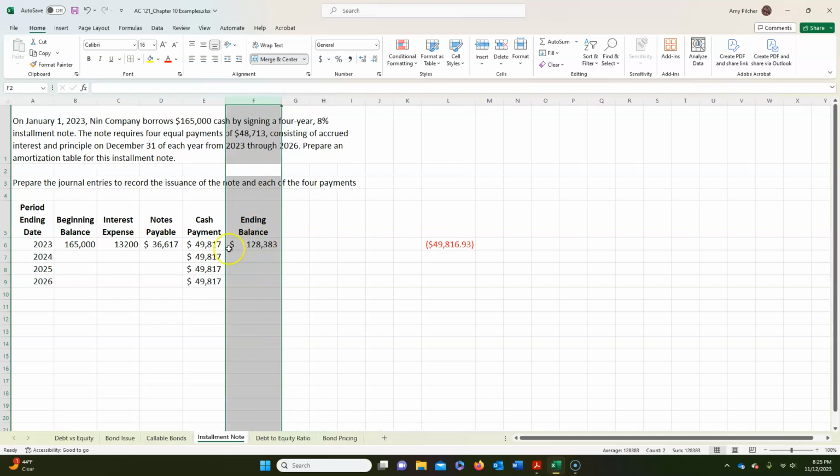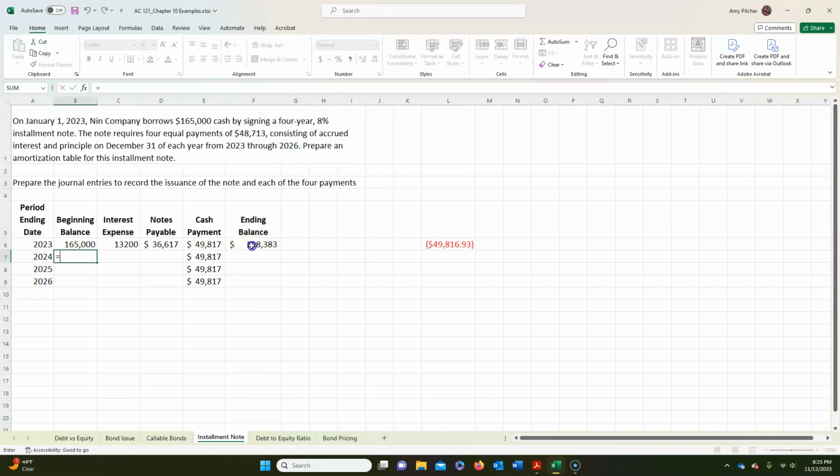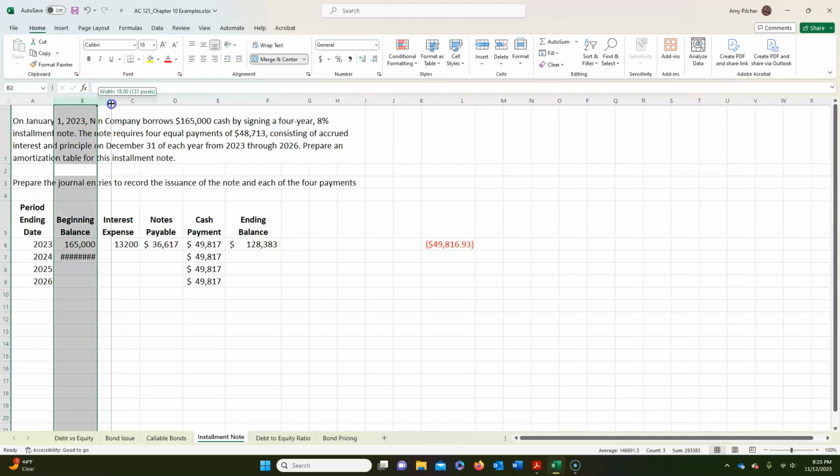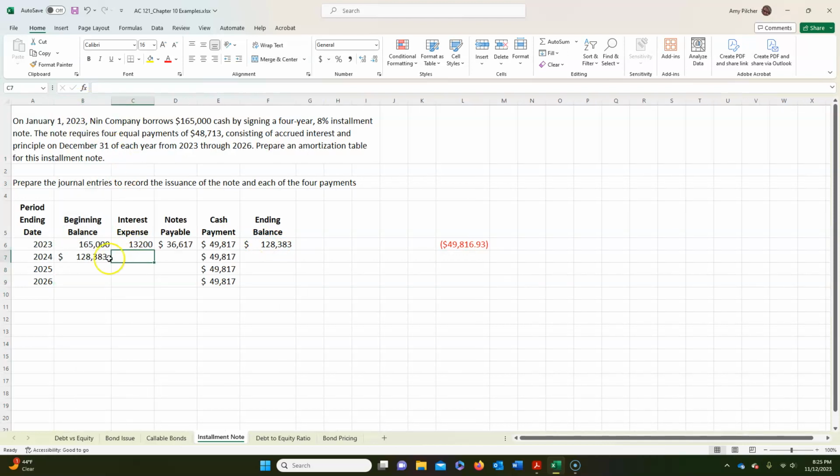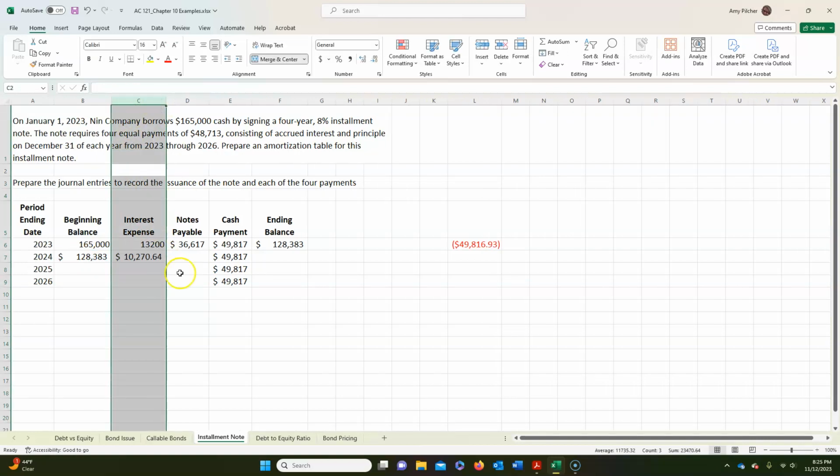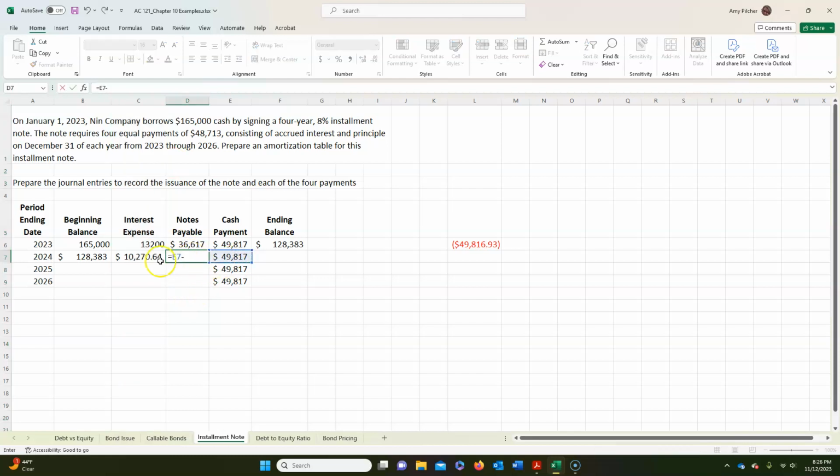That becomes our beginning balance. We then have 8% interest, so our interest payment here, and then we have our payment minus interest expense.